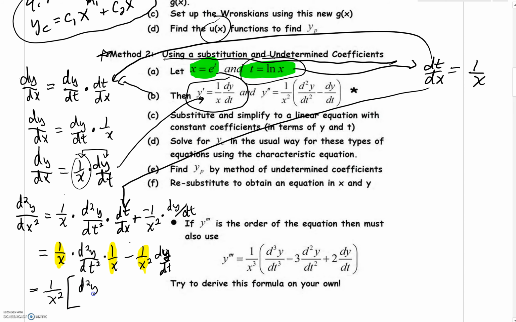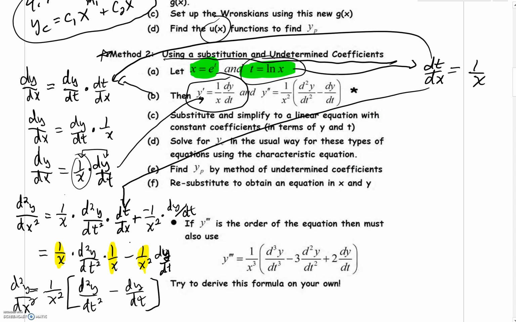And the big question is, what will you be left with? Well, your first term is just the second derivative of y with respect to t. And I would say minus dy/dt. And guys, that right there is another form of your second derivative.